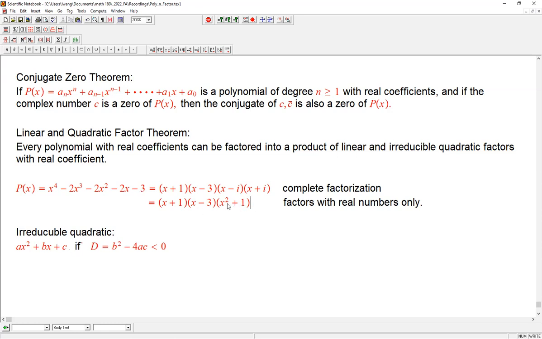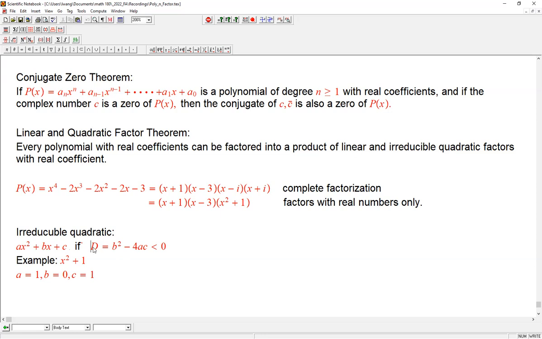And in our case, for example, in the case of x squared plus 1, obviously it is irreducible quadratic because we have a equals 1, b equals 0, c equals 1.